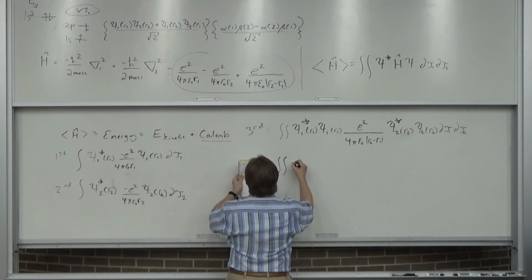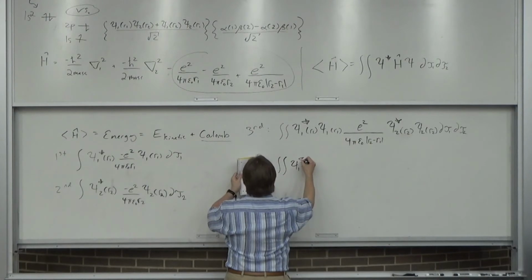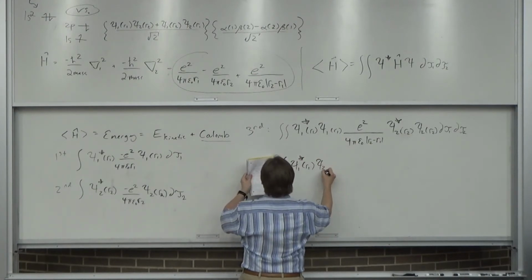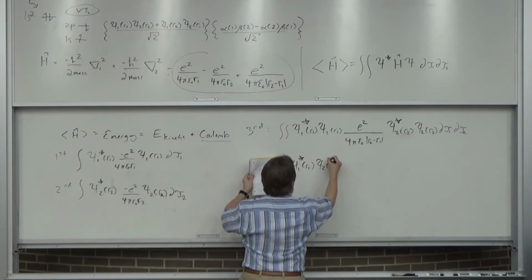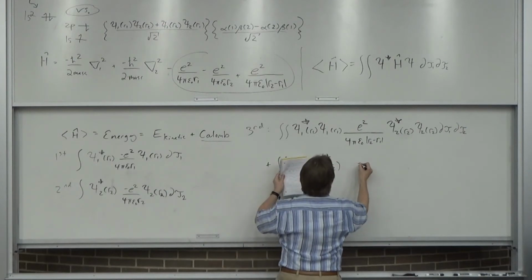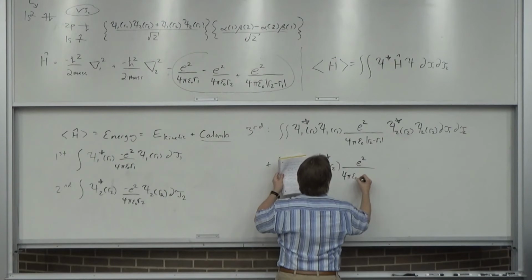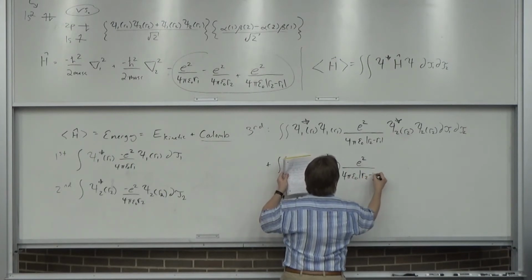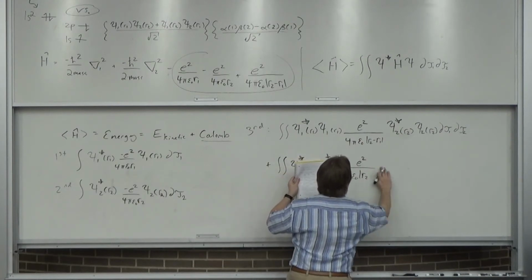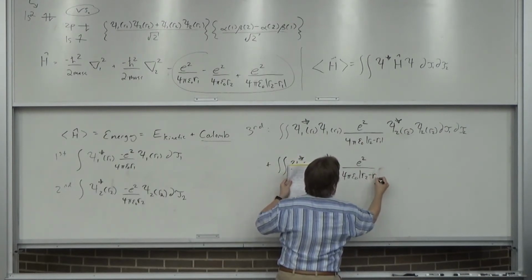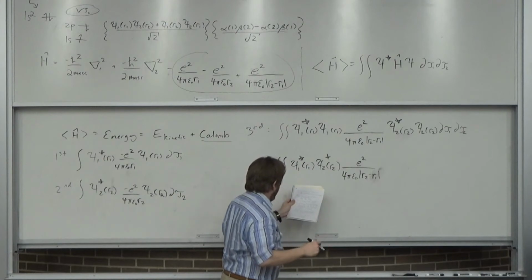And that's because of the anti-symmetrized way that the wave functions are written. And remember that e squared is just a constant. Sorry, that looks bad. That bothers me. I know this is a lot to take in.